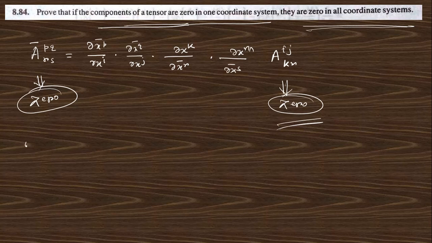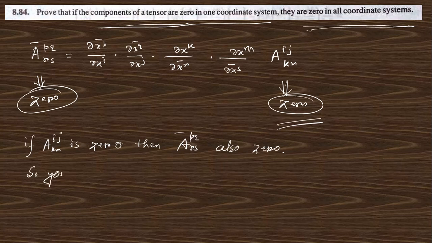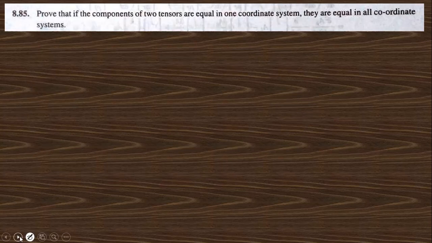So you can say if a i j k m is 0, then a p q r s is also 0, the above statement.